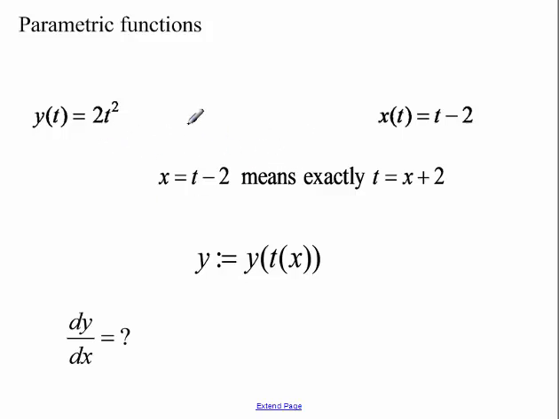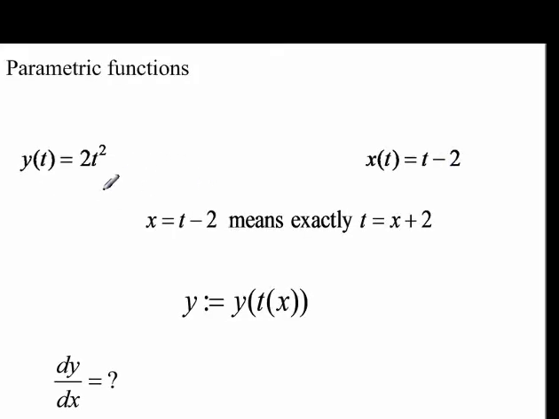For a start, let's say we've got a parametric equation y equals 2t squared and a parametric equation for x, which is t minus 2.